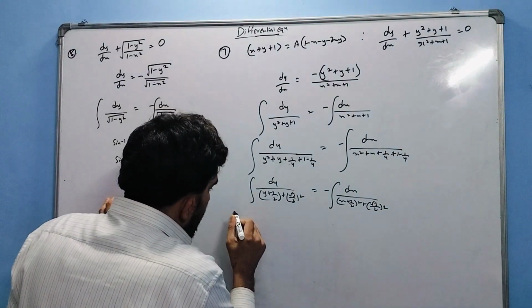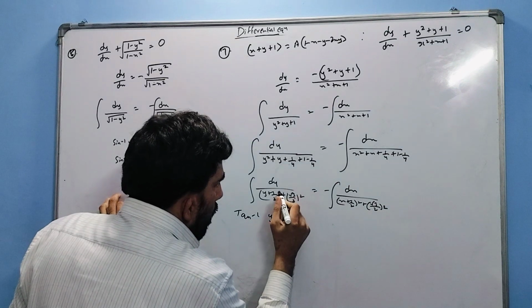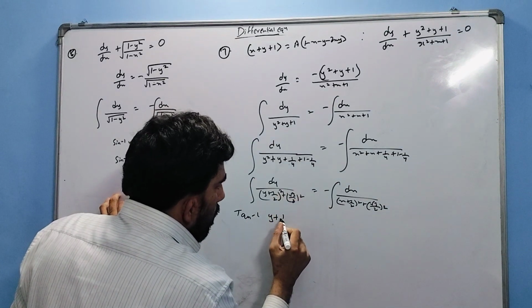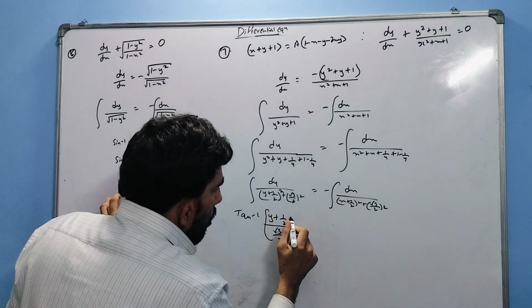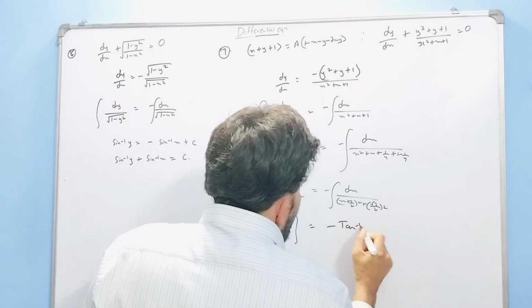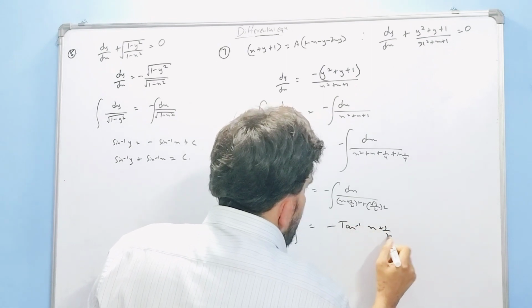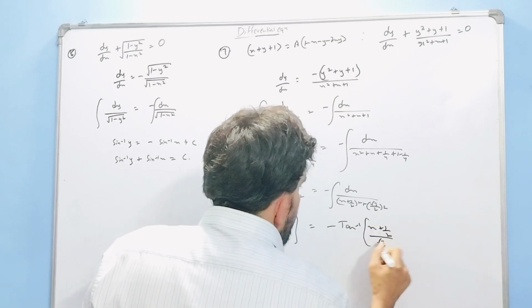So we have tan inverse on one side minus tan inverse on the other, plus c.